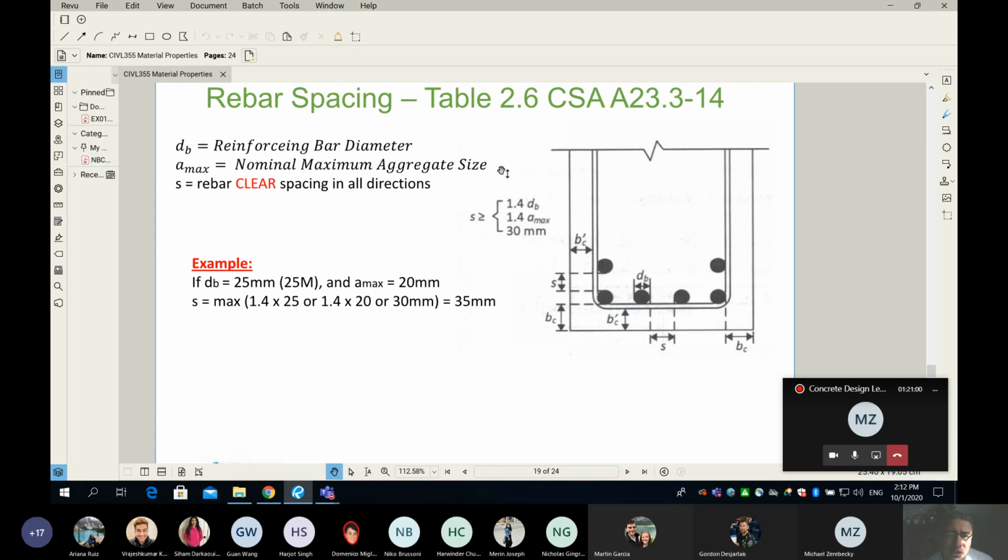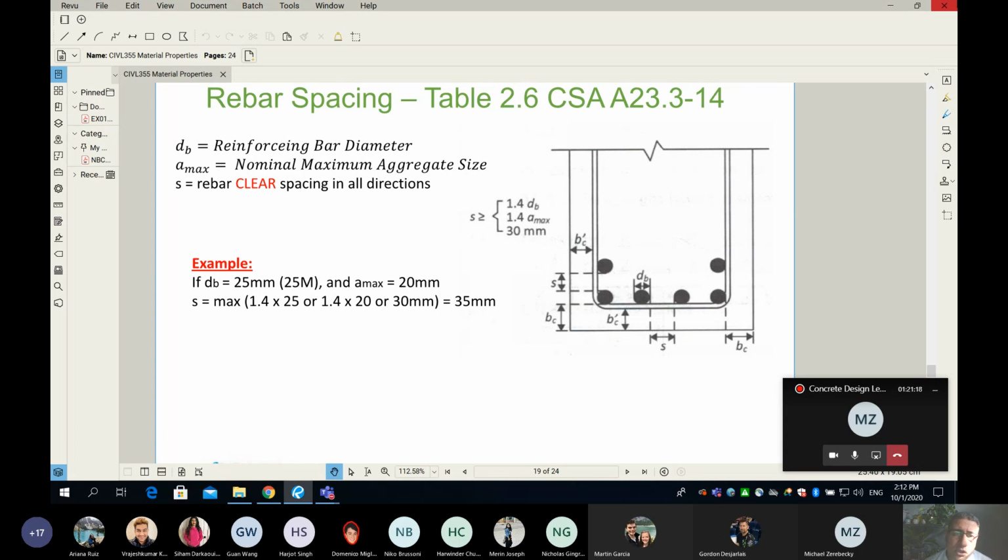Okay, I'll tell you something. Please take a note of that, and probably I will add this to my slide sometime. The most common aggregate size is 20 millimeter, which is 3/4 inch. In most of your work, you will see 20 millimeter.